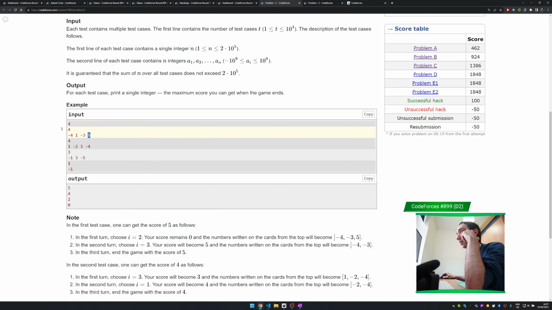He wants to get the score of 5. That's why he removes this number and doesn't change, and then the 5 gets here.